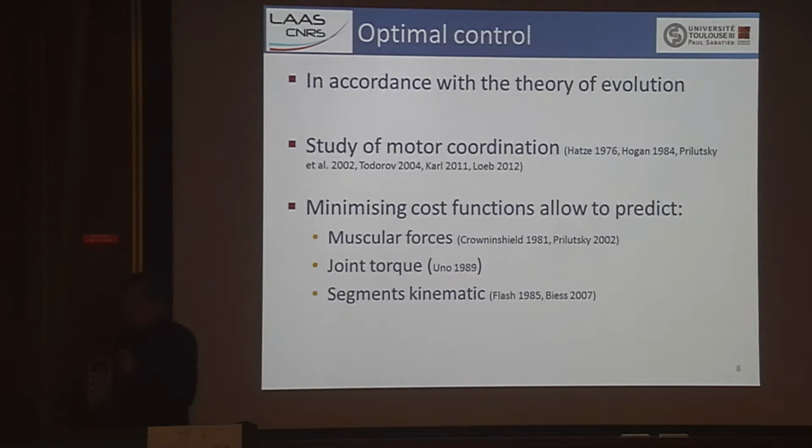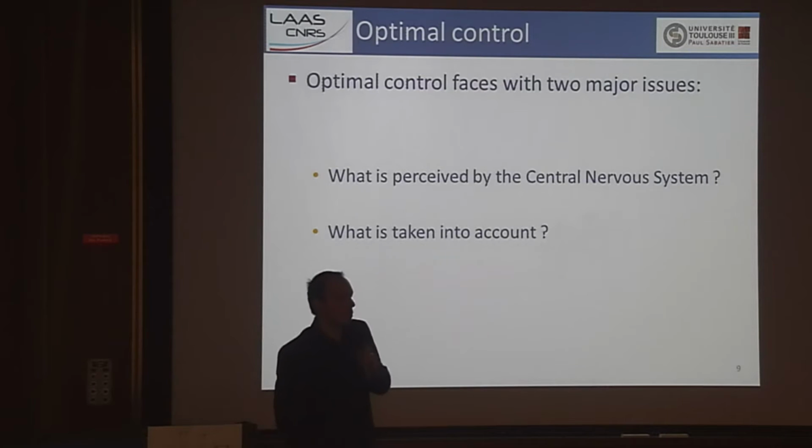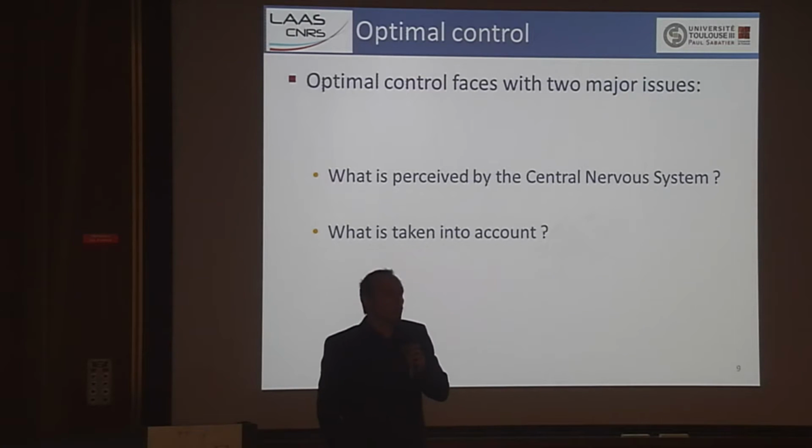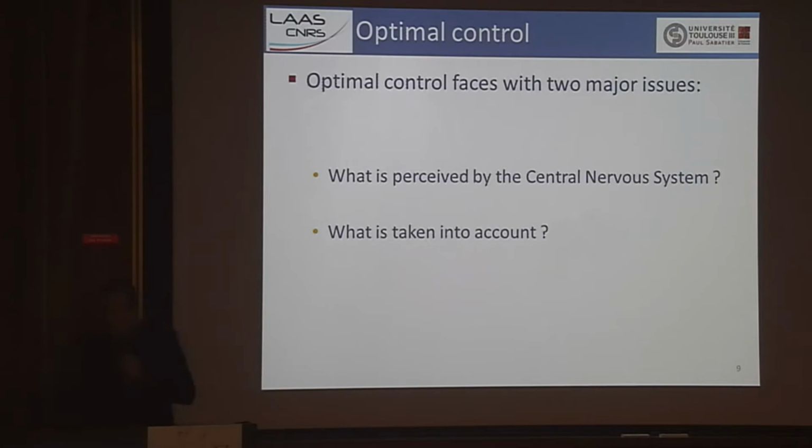But optimal control faces a major question. It's unrealistic to imagine that we can minimize a parameter which is not perceived by the central nervous system. So the question is, what is perceived by the central nervous system? What is taken into account? And then, what is minimized? We can't minimize a non-perceived parameter.